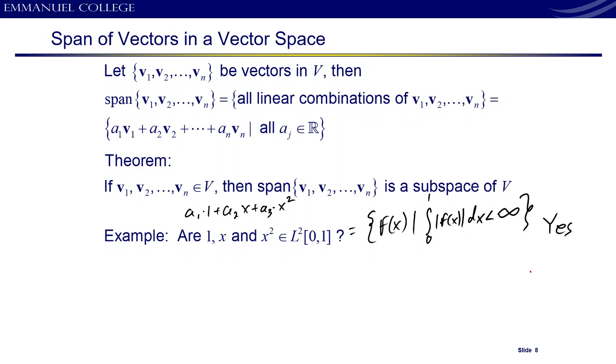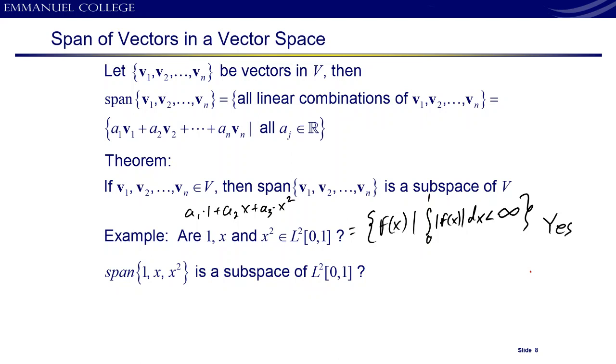But on 0 to 1, the integral of 1, x, and x squared are still going to be a finite value. And it doesn't matter how much finite stuff you add together, it never goes infinite. That's the nice thing with these. Clearly, if you add 1 plus 2 plus 3 plus 4, that's an infinite sum that is infinity. But if you add a finite number of finite things together, it will never be infinity.